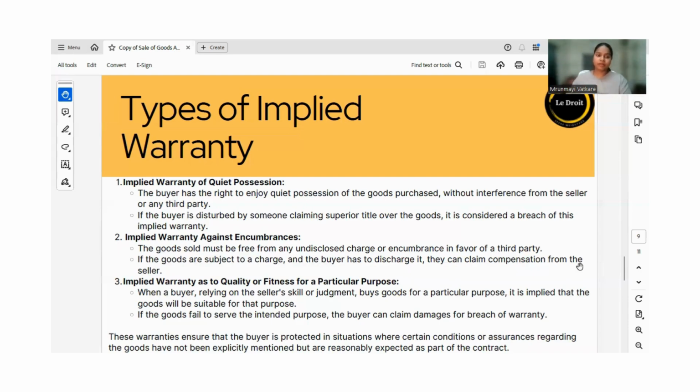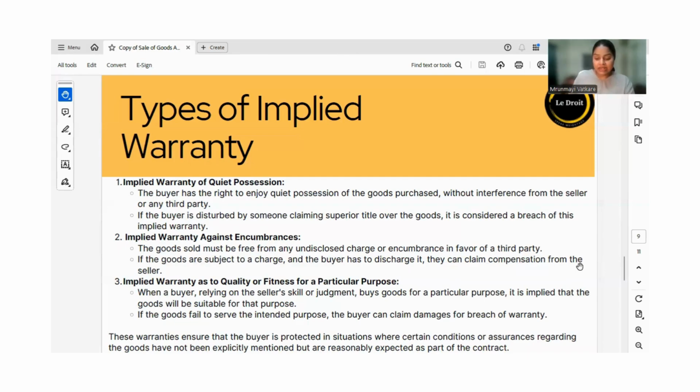In encumbrances, let's say you buy a property, okay? Or maybe you buy goods. If these goods were already promised to be sold to a third party by the seller, and that third party has already made the transaction for the goods, the new buyer is the innocent buyer and has no idea that the seller has already sold it to a third party.